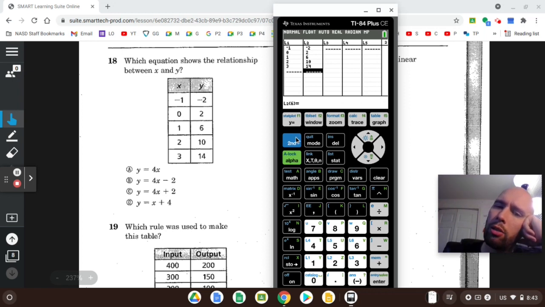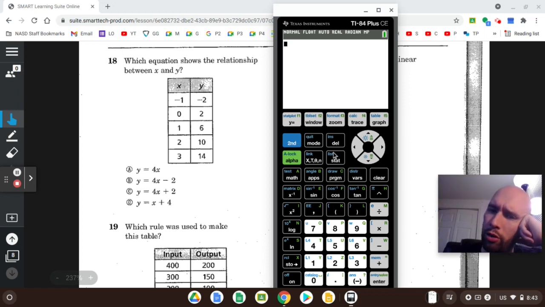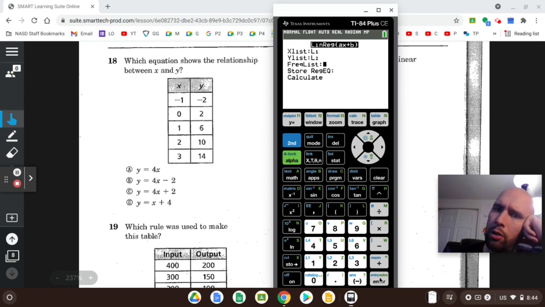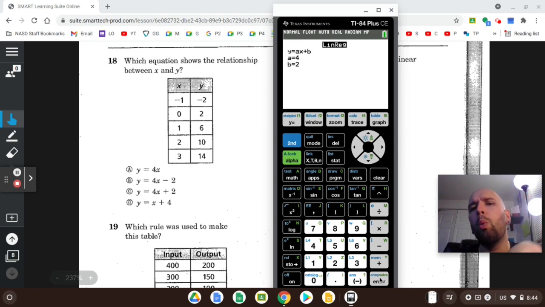Second mode quits. Go to stat. Go to calc. Go to LinReg. Enter, enter, enter, enter, enter. Y equals 4x plus 2.